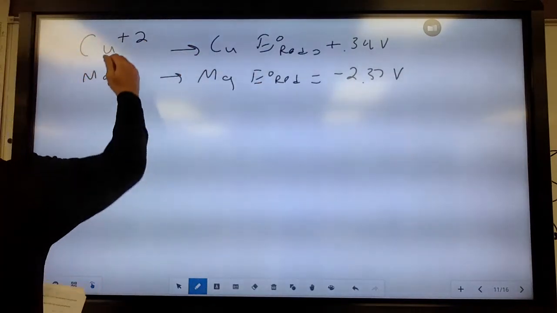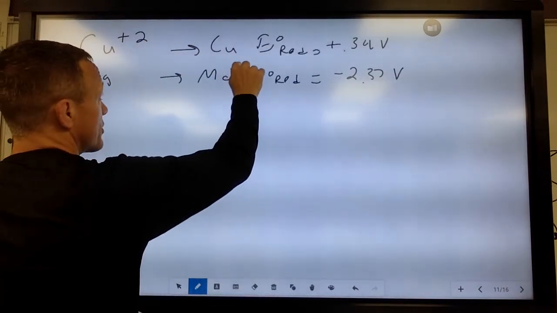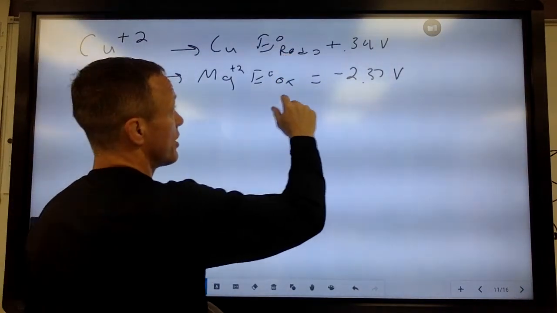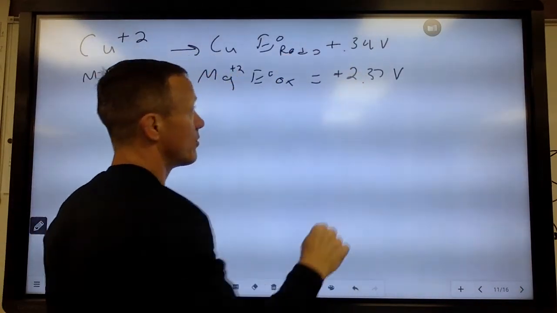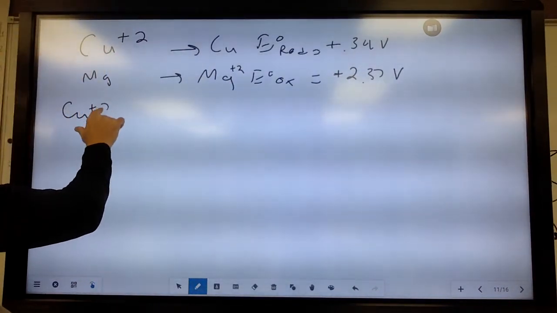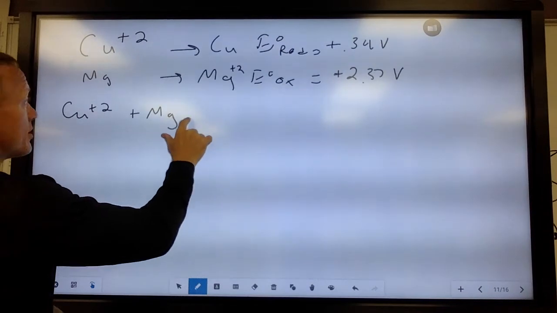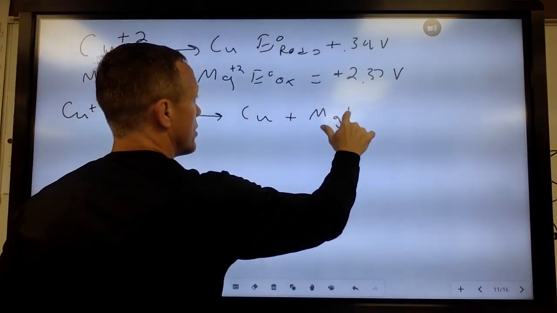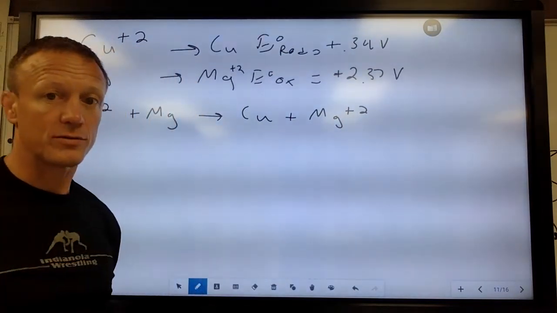So let's flip this around. Magnesium to magnesium plus 2. This is now an oxidation potential. It's being oxidized. It's losing electrons. And this is now a positive value. So our equation is going to be copper plus 2 plus magnesium, making solid copper plus Mg plus 2.